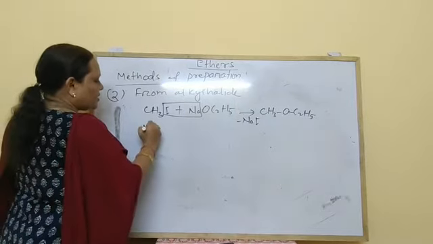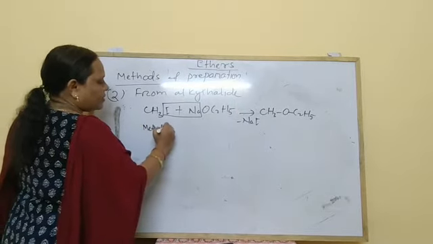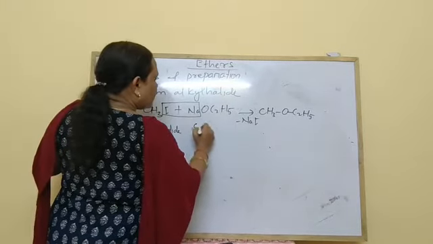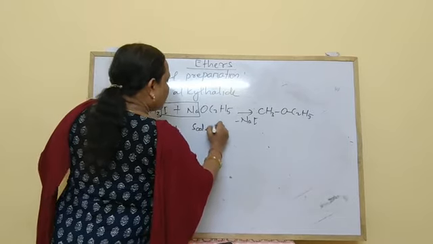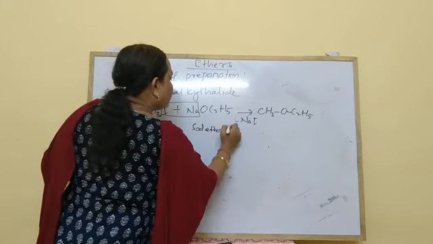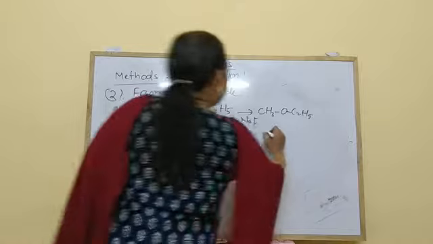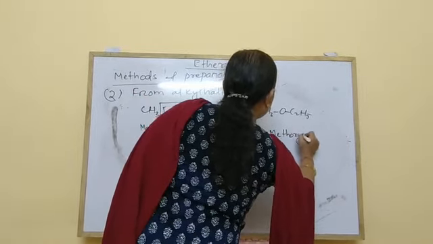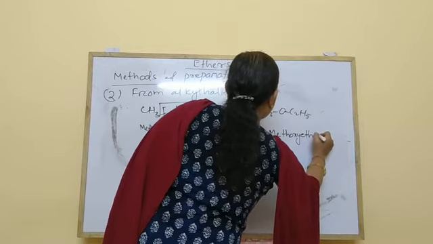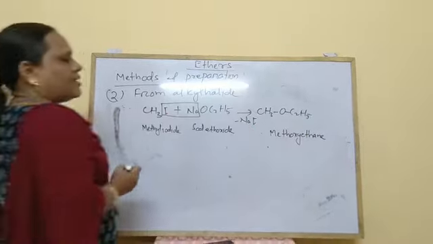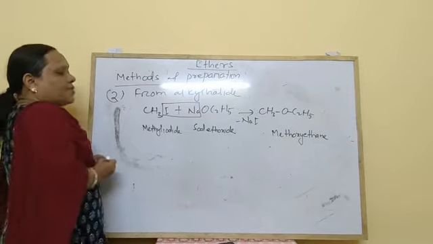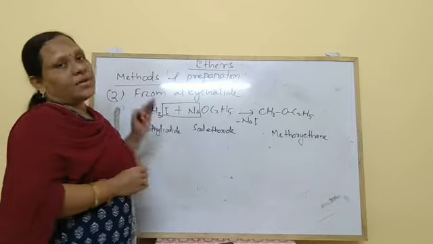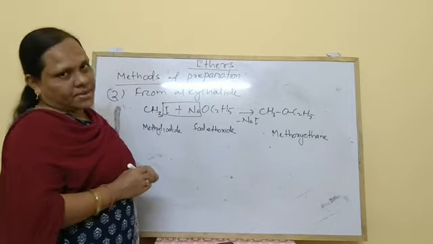This is methyl iodide, this is sodium ethoxide, and this is methoxyethane, or we can say ethyl methyl ether. So in this method both symmetrical and unsymmetrical ether can be prepared.